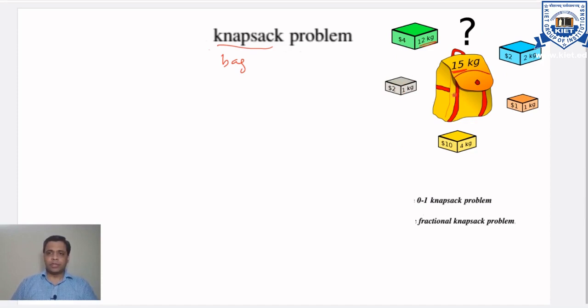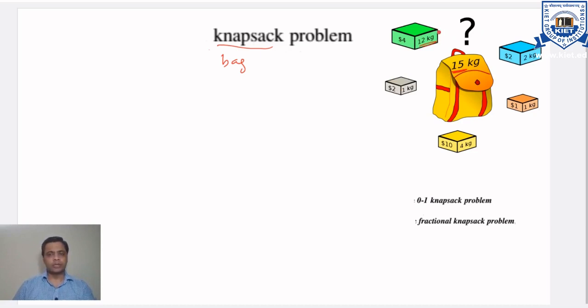Now the question is, how could you pick those elements such that once you fill this bag with these items, the cost of your bag would be maximum. So once I am saying maximum, the chances are quite high that it is an optimization problem.